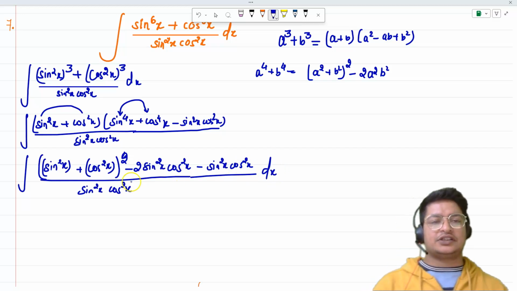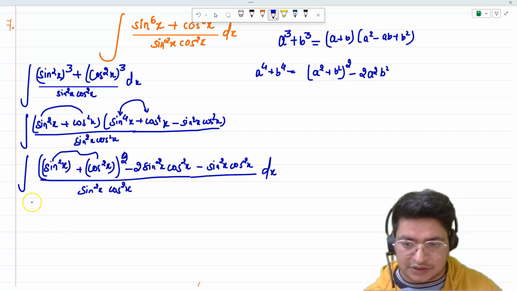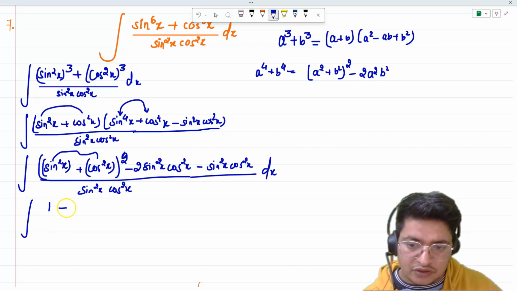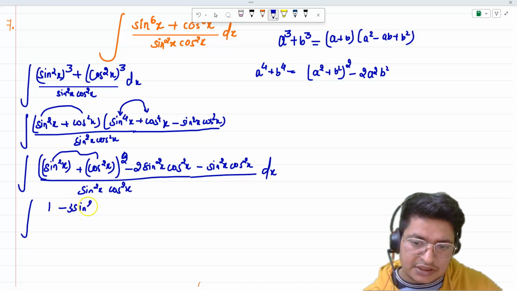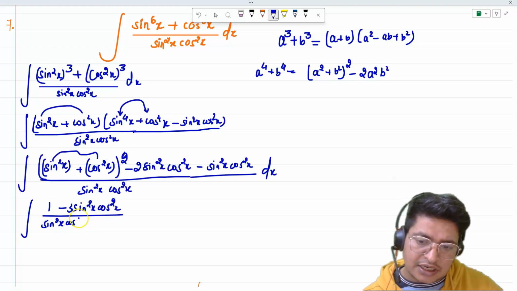We can write it into this form. So sin^2 x + cos^2 x is equal to 1. Everything will turn out to be 1 - 3 sin^2 x cos^2 x, and the denominator will be sin^2 x cos^2 x.